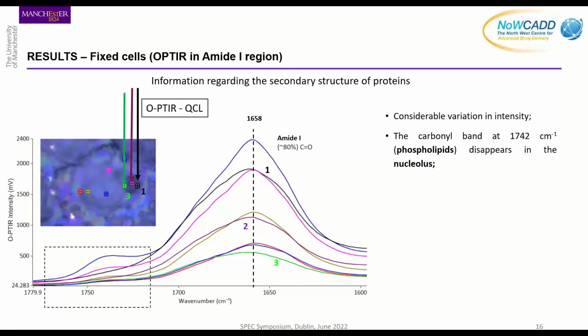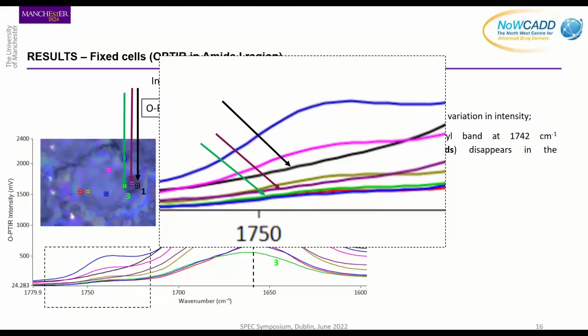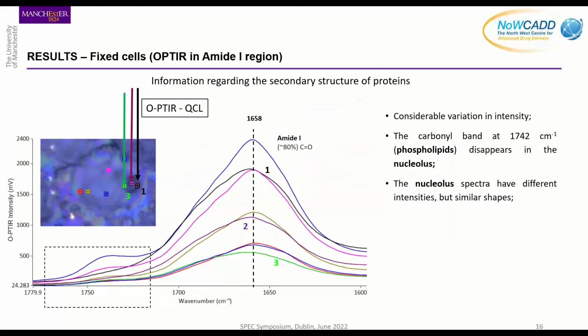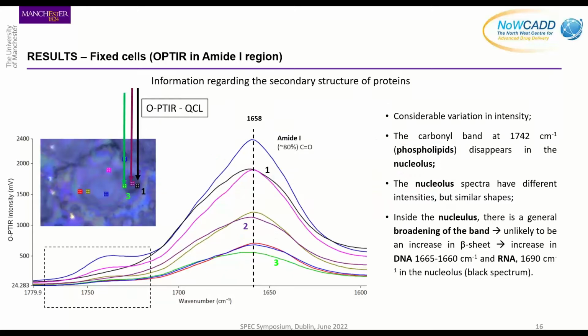So if you look just within the nucleolus, or just going across here, I'll blow that up. The black, purple, and the green spectrum obviously have got no carbonyl band at all to speak of. Also, there is a broadening of the carbonyl band very significantly in the amide 1 in the nucleolus.